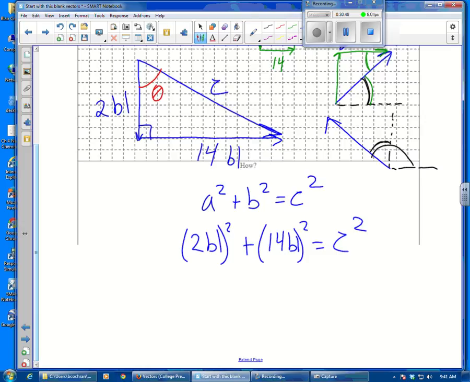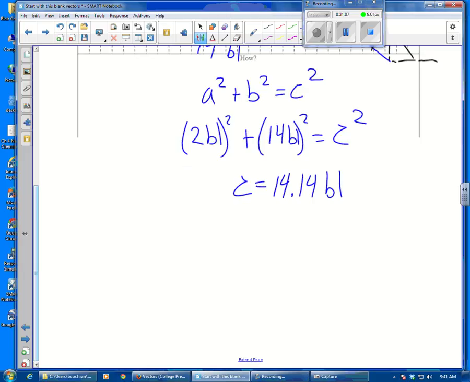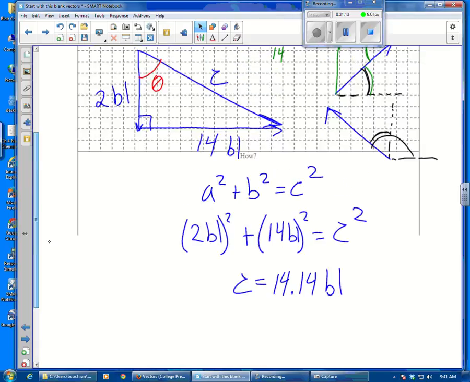Can't do that in my head. I get 14.14 blocks for my answer for the magnitude. Now, does yours look like mine?